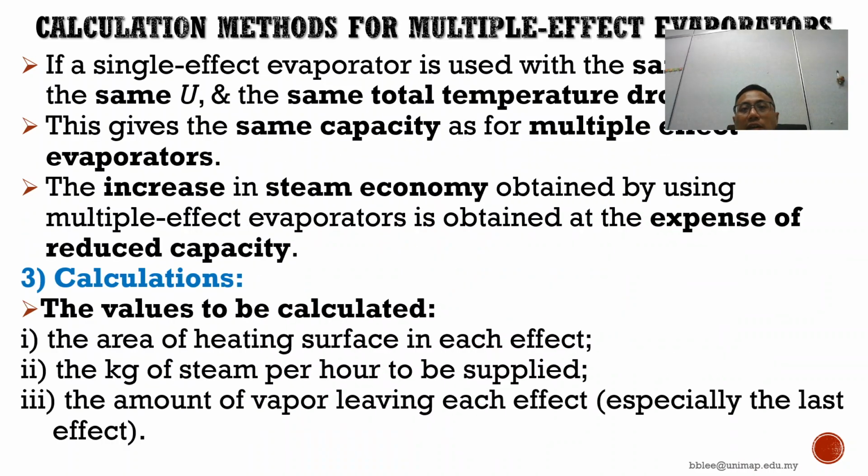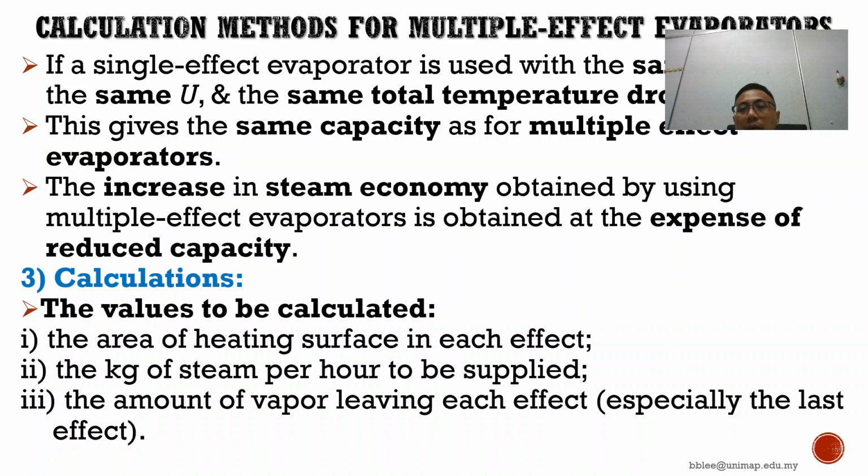If a single effect evaporator is used with the same area A, the same U, and the same total temperature drop, this gives the same capacity as the multiple effect evaporators.